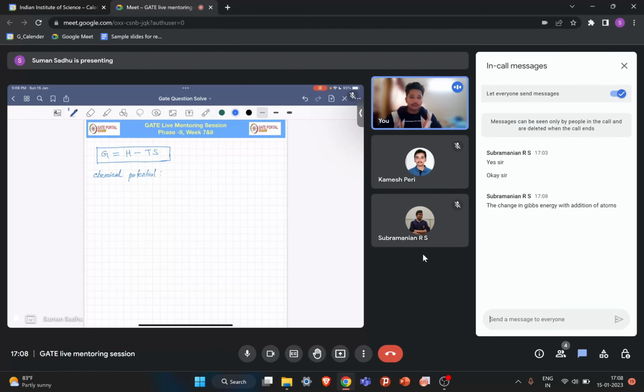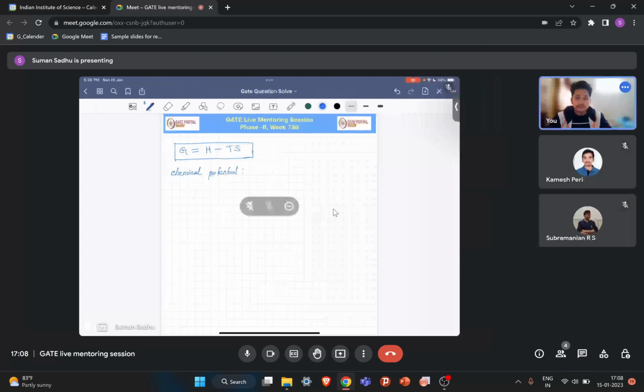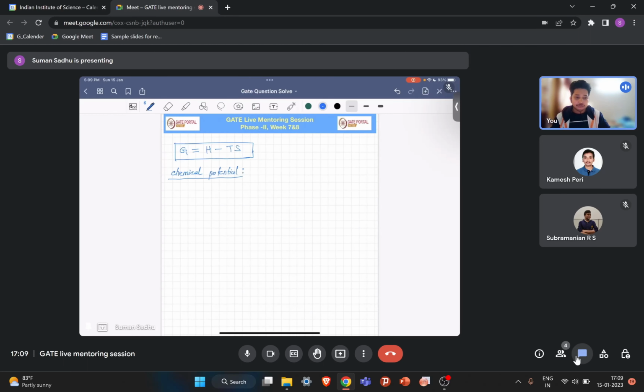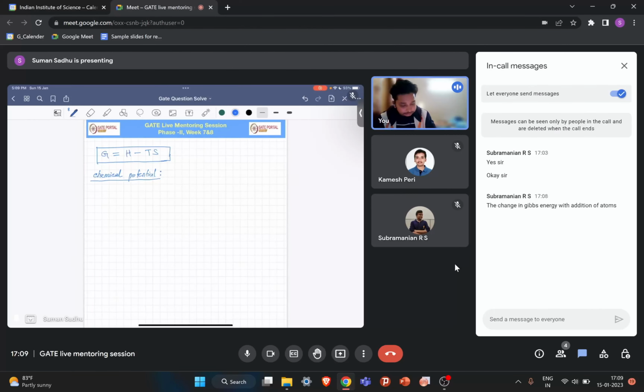Chemical potential, the change in Gibbs energy with addition of atoms. You can explain it more elaborately, as a few pieces of information are missing from that definition. Let's say this is some system with free energy G, a mixture of A, B, C and many atoms.